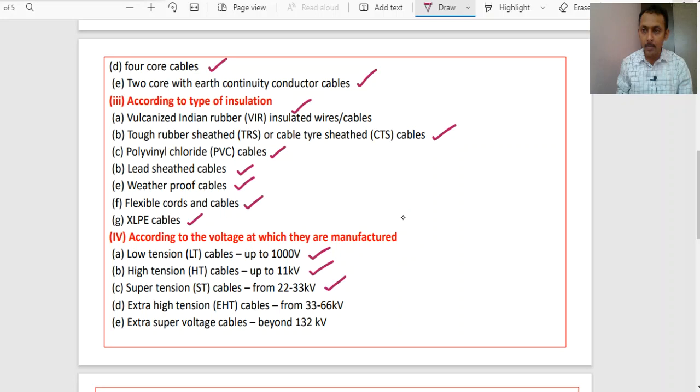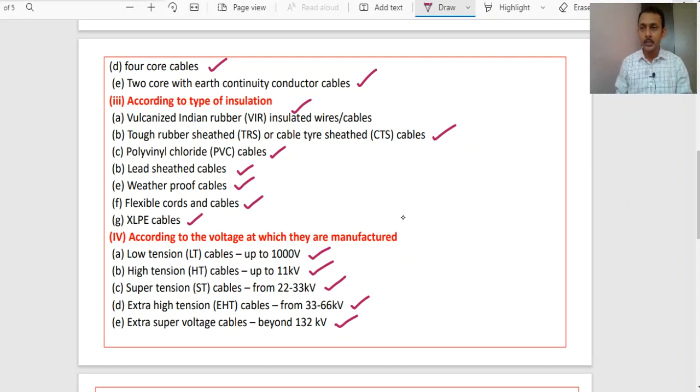Extra high tension cables, EHT cables, 33 to 66,000 volts, 33 to 66 kV, and if it is beyond 132 kV, we have to go for extra super voltage cables.